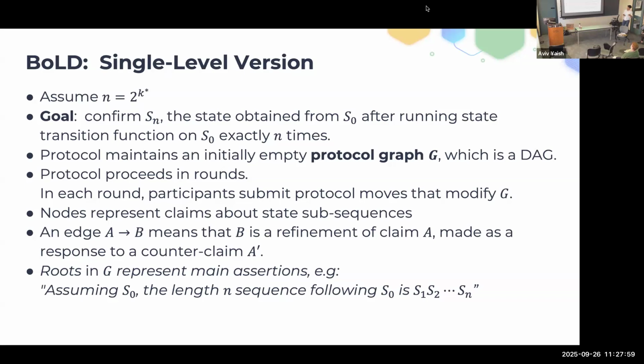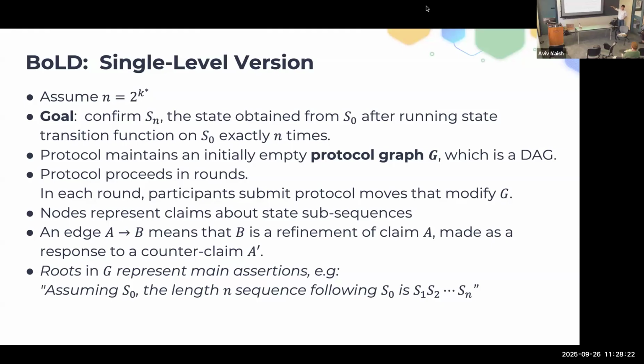Each node represents some claim about subsequences of the big state sequence. And an edge A to B in this graph means that B is a refinement of claim A. So you can think of B as being the bisected claim of what A used to be, which is made as a response to some counterclaim A prime.